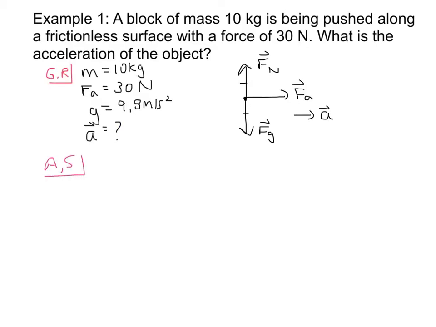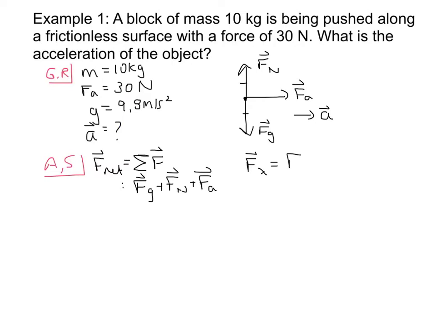So if we look at the analysis a little bit here, we need to consider F net. And you should recall from previous lessons that F net is the sum of the forces. So we have gravitational force, and normal force, and the applied force. And remember to think too of F net having an x and y.